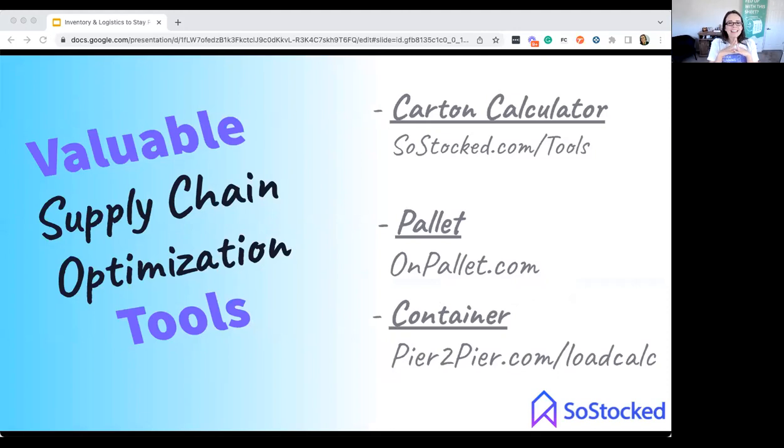What it does is it looks at your units and your pallet and figures out how to build your perfect carton as well as your perfect pallet configuration, to get as many units per carton and as many units per pallet as possible. That reduces your total number of cartons.